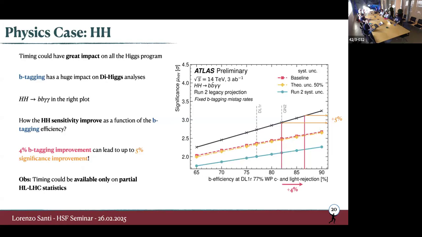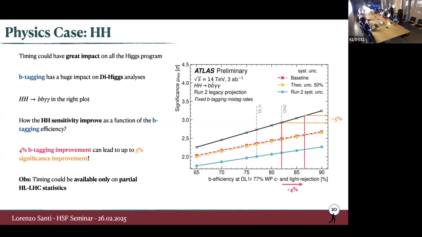In terms of physics case, we know that high luminosity LHC is a key point for the di-Higgs program, measuring the Higgs self-coupling. Here I want to show a very recent plot from ATLAS on the bb gamma gamma channel, showing the significance as a function of b-tagging improvement.